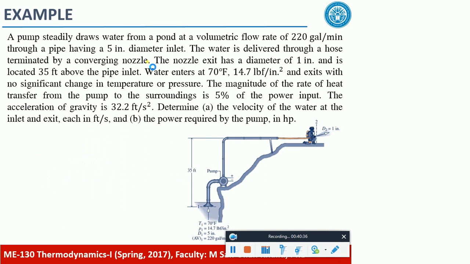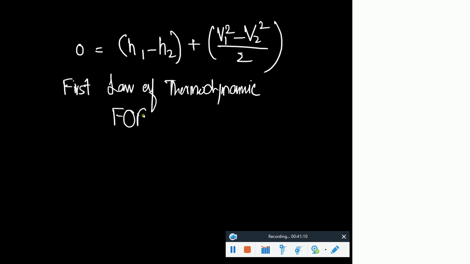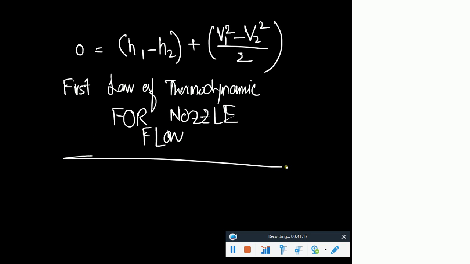So finally, the first law of thermodynamics for the nozzle flow can be written as... do you understand that? Any question?